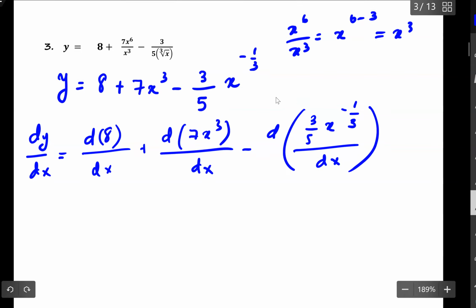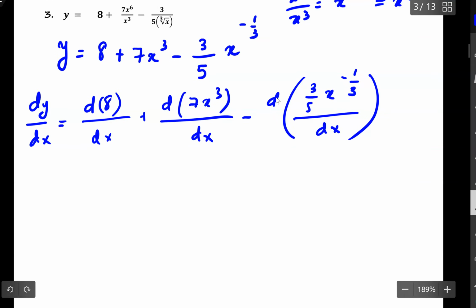So basically that's what I have to write. And most of the time you see that I will skip this step because we know that we differentiate each term individually. Okay? So now dy over dx, what is derivative of a constant? We learned earlier in our formula, the derivative of a constant is equal to 0.